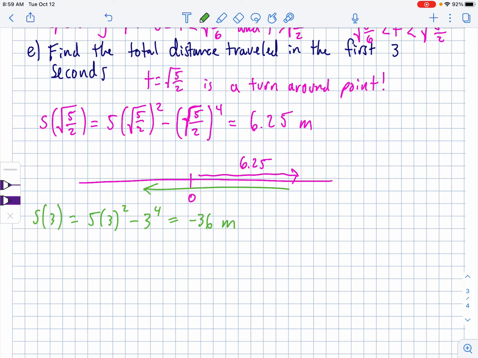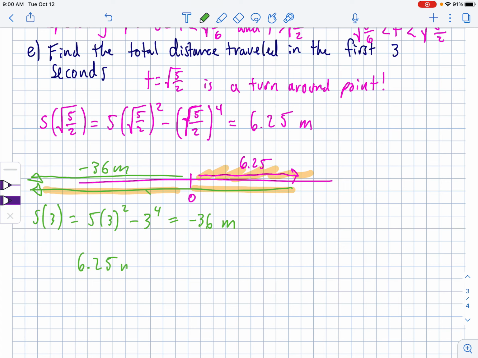And we're going to do total distance. So let's think. Oh, that's negative 36. I'll clean up my diagram so you guys can understand what happened. It went this direction, but the negative 36 is just this right here. So when it went back the other direction, it backtracked on the 6.25 and then went another 36 meters that direction.